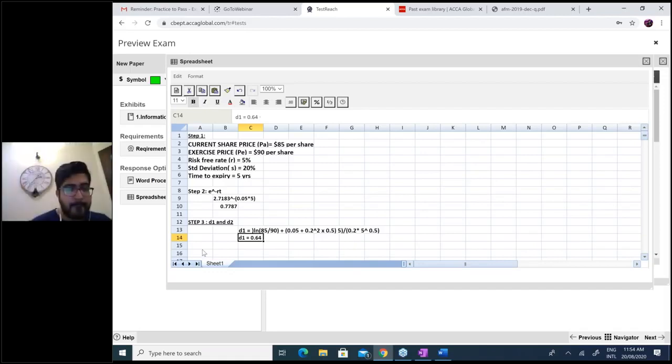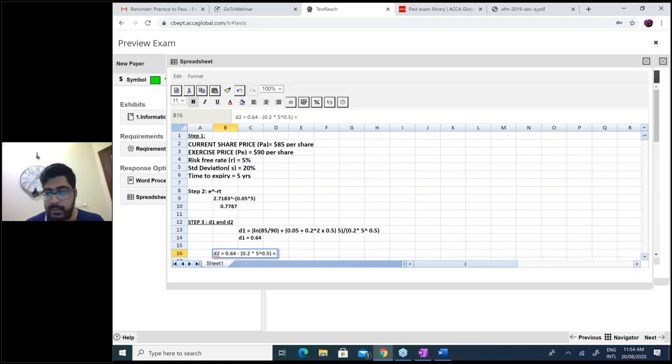Okay, and for d2, it's easy. It's d1 minus S root T. So what is d1? 0.64, taken to 2 decimal places, minus what is S? 0.2 multiply by root T. So 5 is the T, and for root, power 0.5.